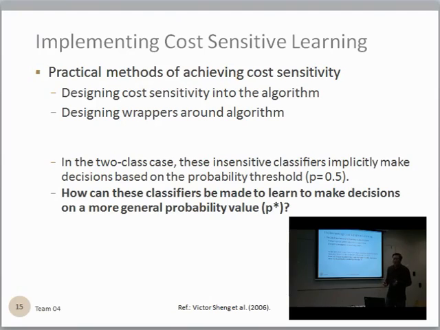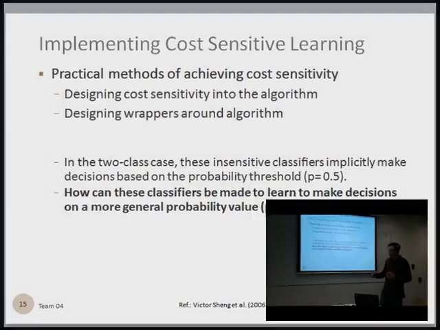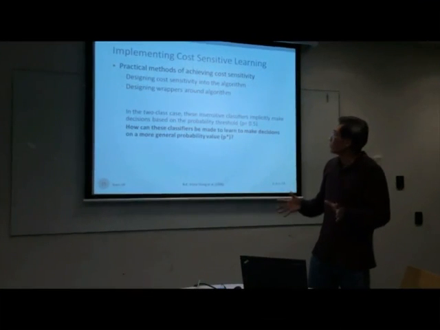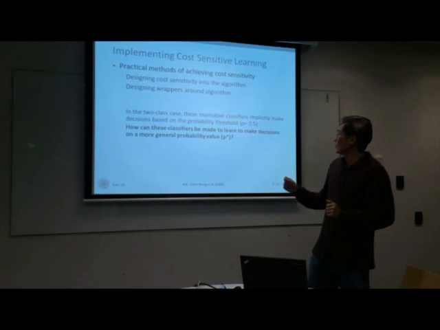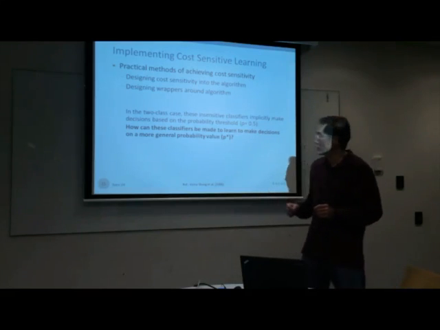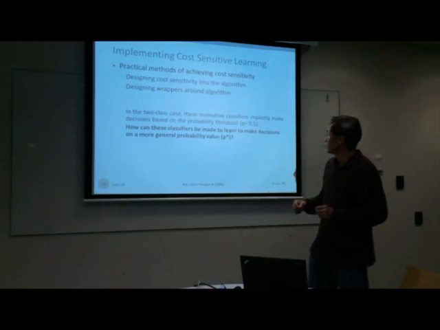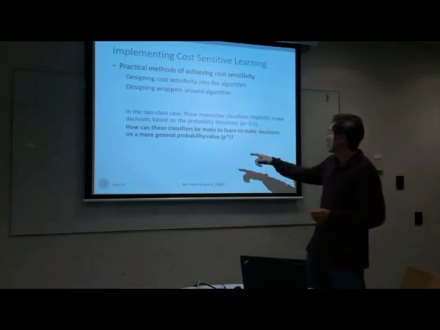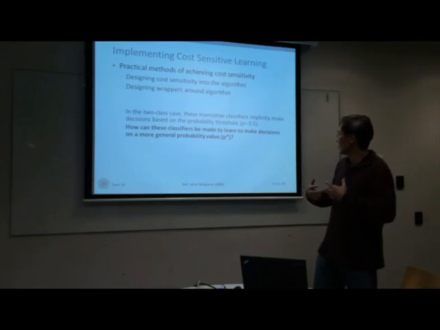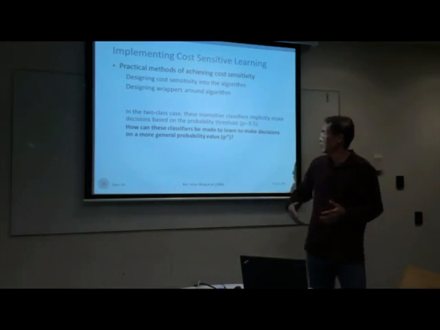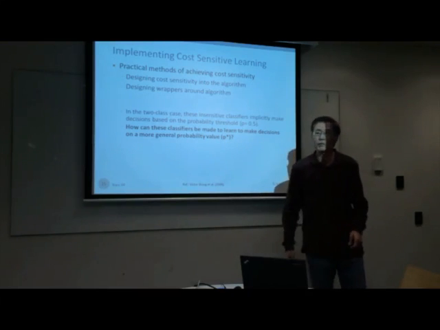Other ways are to do pre-processing or post-processing without really touching the algorithm for calculating the probabilities. I would like to then pass on to my teammate to explain how these classifiers can be made to learn to make decisions on the cost-based probability.